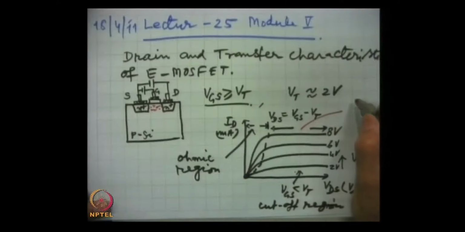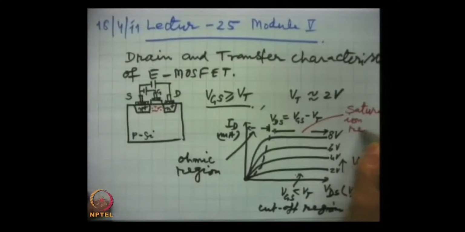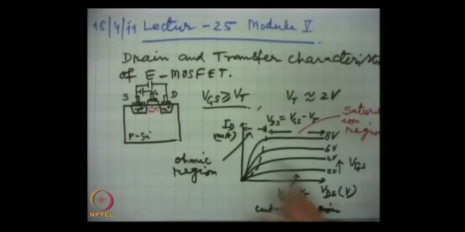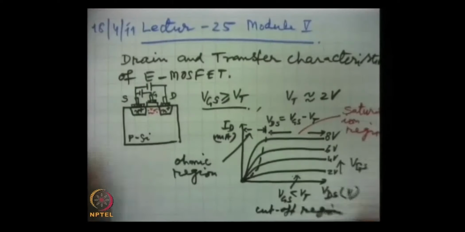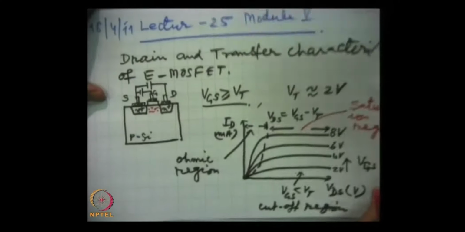These are the 3 regions in which we can divide these current voltage characteristics. Now, we will talk about these 3 regions one by one and show the behavior of the device under each characteristic. First, we take the ohmic region.